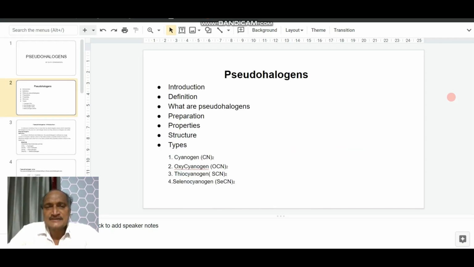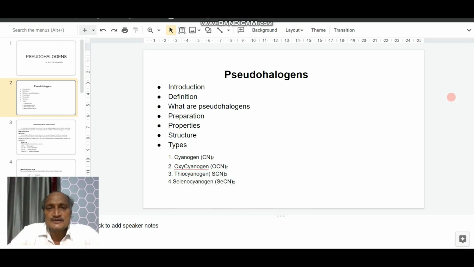In pseudohalogens, we have to see the introduction regarding the pseudohalogens, the definition of pseudohalogens, then what the pseudohalogens are, and the preparation, properties and structure of different types of pseudohalogens such as cyanogen, oxycyanogen, thiocyanogen and selenocyanogen.